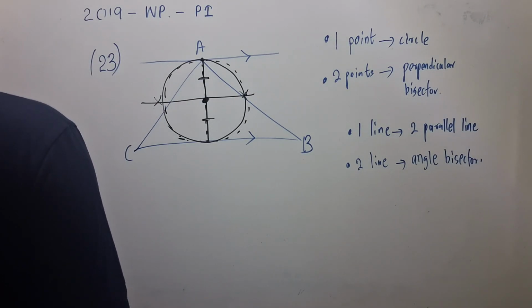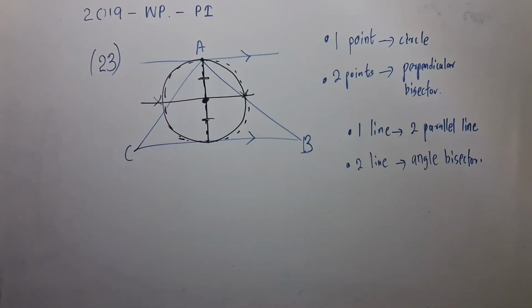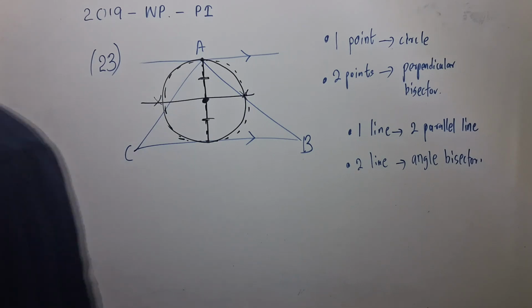Question number 24. For the sample space S 1, 2, 3, 4, 5, 6, 7, 8, write down a simple event. Simple event means only one output.